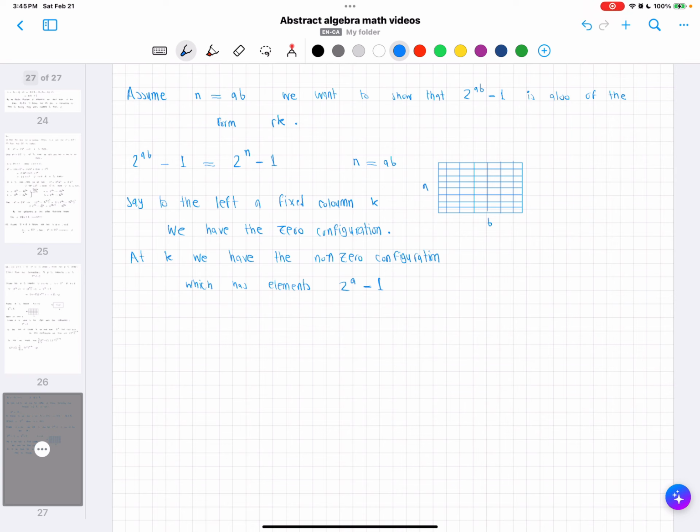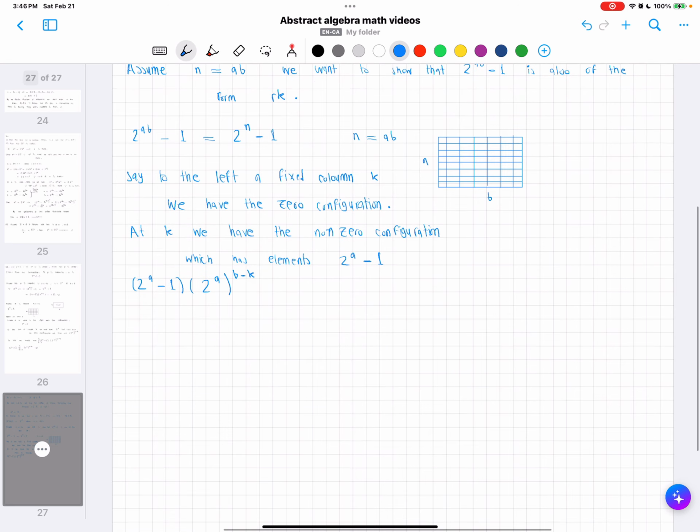columns, then it would be 2 to the power of a raised to the power of b minus k. So then we get the following. We get 2 to the power of a minus 1 multiplied by 2 to the power of a raised to b minus k, and we sum up over all the possible k's.